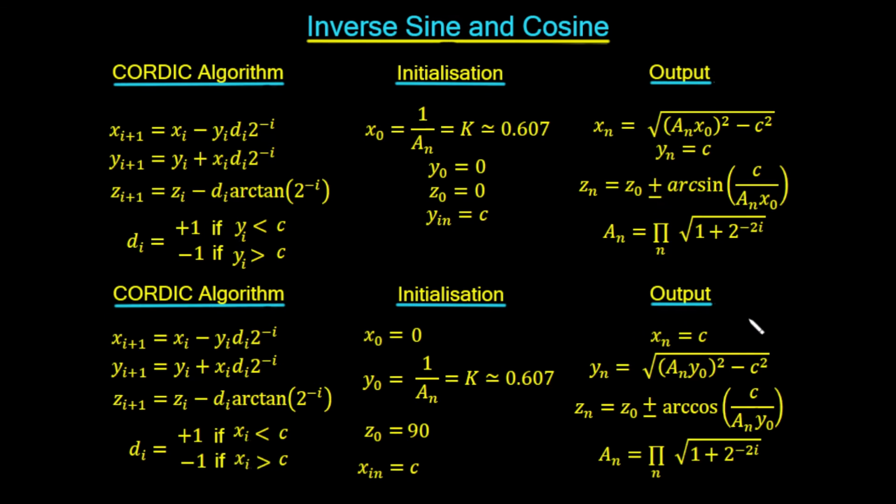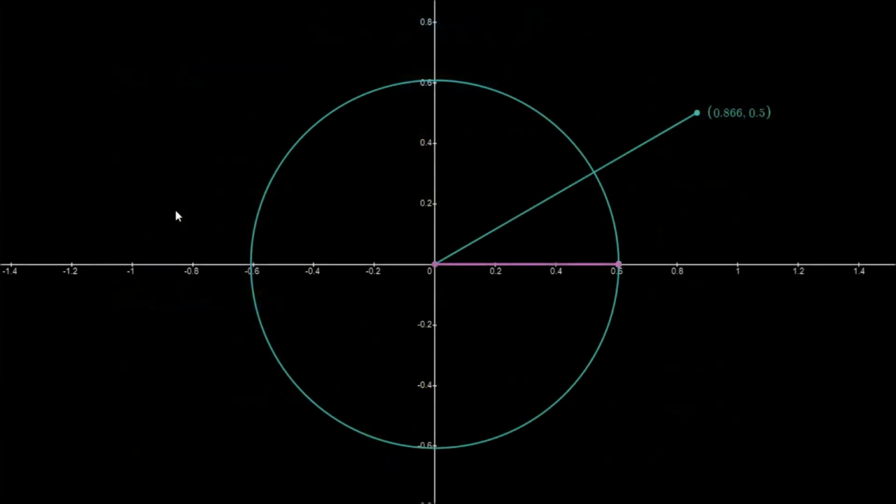And again we're going to get our outputs, the output for the arc cosine is given by this, and the output for the arc sine is given by this here. So let's go ahead and see how we generate both of these in the graphical calculator, and then we'll come back and have a look at the equations. We are going to use the same vectoring mode in order to find the inverse sine and the inverse cosine.